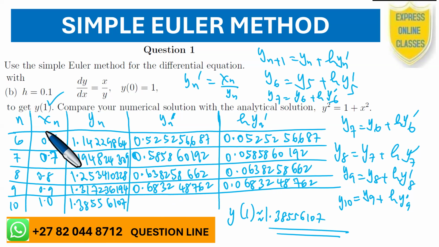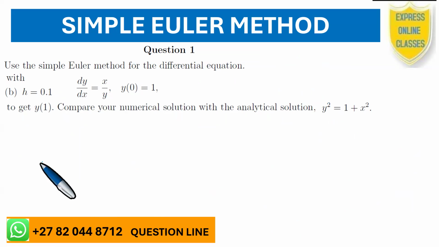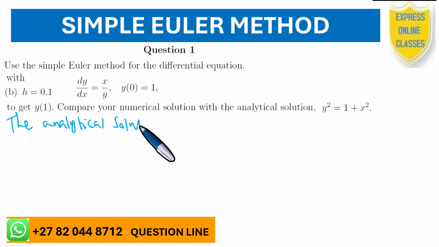Now the next subsequent question is we need to compare our numerical solution with the analytical solution. A couple of things we need to take into account as we analyze this next problem. We note that the analytical solution is y squared equals 1 plus x squared.